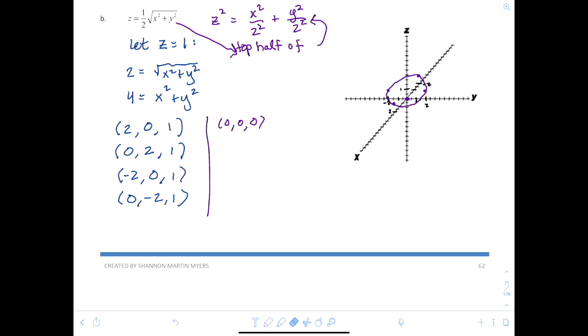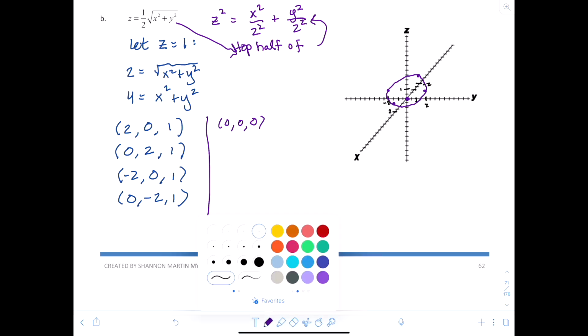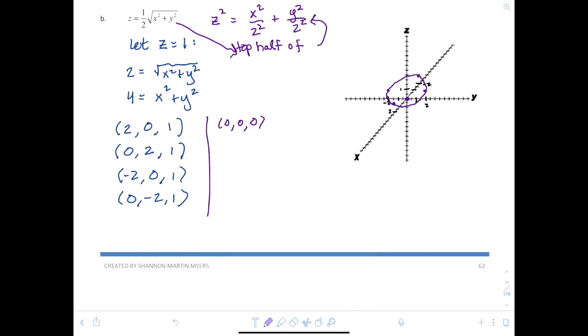But basically it would go like this, right? You'd have these things going up like this, and you'd end up having your circles that connect them as the cross sections.